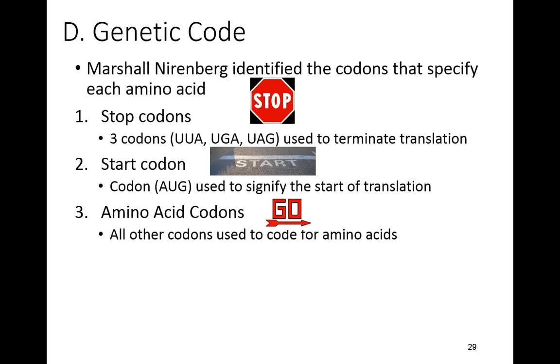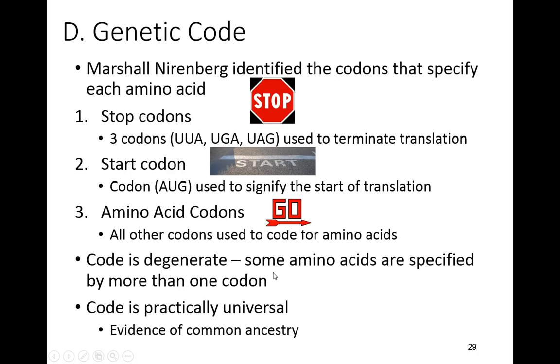So there are specific codons that do certain things. Marshall Nirenberg discovered the stop codons, and there are 3 of those: UUA, UGA, and UAG. There's a start codon, AUG, which signifies the start of translation, and then the rest of the combinations code for amino acids. The code is degenerate, which means that some amino acids have more than one codon.